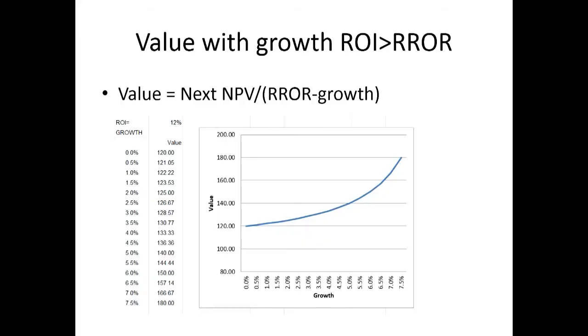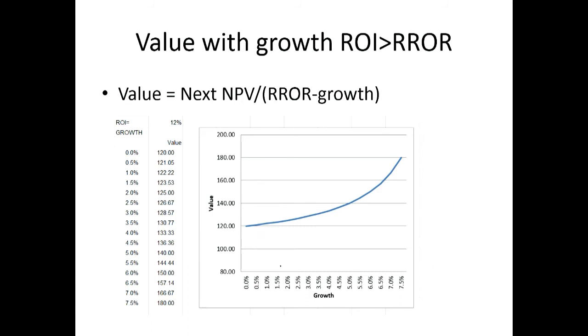Now let's look at the case where the return on investment is greater than the required rate of return. Really what it does is, the higher the growth, the more value created. If we look here, I did exactly what I did before, but now I'm going to vary the growth rate.